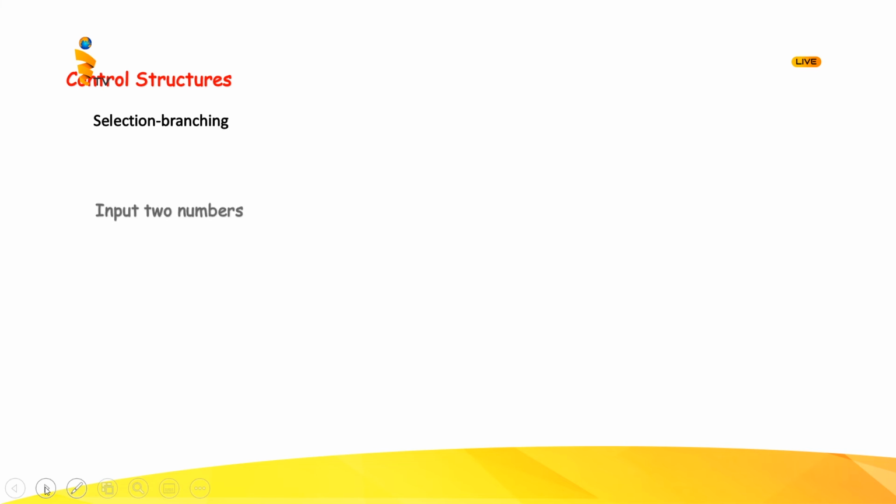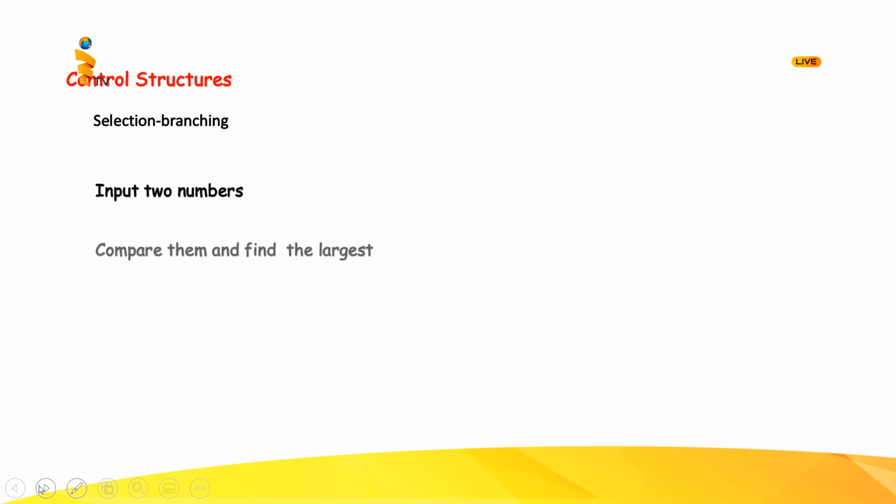Now it is also, if you have to enter two numbers and decide which one is the larger number, then there you have to select what is the larger number. There you have to use this selection. First you have to input two numbers, then you have to compare the two numbers and find what is the larger number.